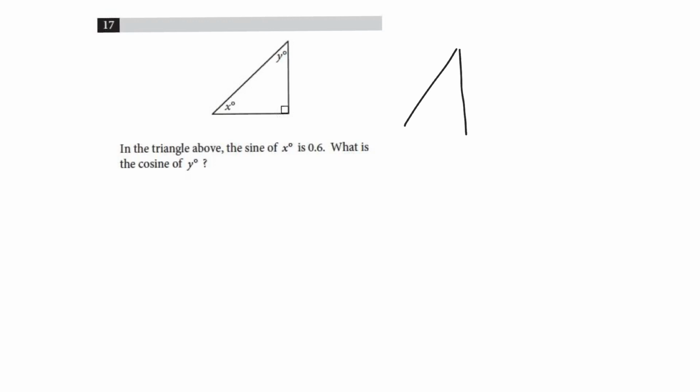Let's take a hypothetical triangle here. Let's say A, B, C. So we've got, this is B, this is A, and this is C. Well, the sine of A is going to be opposite over hypotenuse.